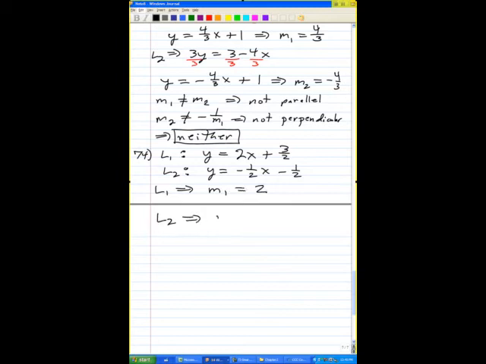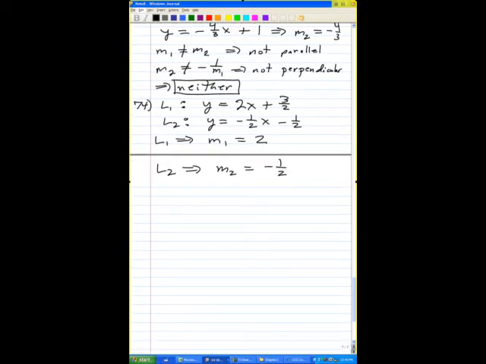For L2, the slope is negative 1/2. Since the slope, negative 1/2, is the negative reciprocal of the first line's slope, 2, then these two lines are perpendicular. So L1 is perpendicular to line L2. So we have perpendicular lines.